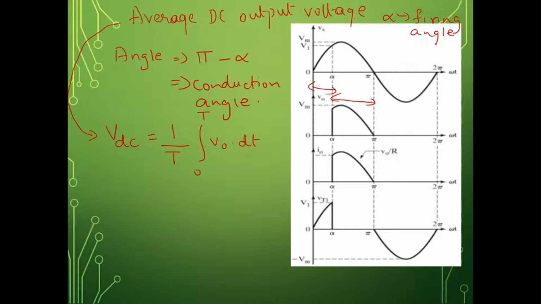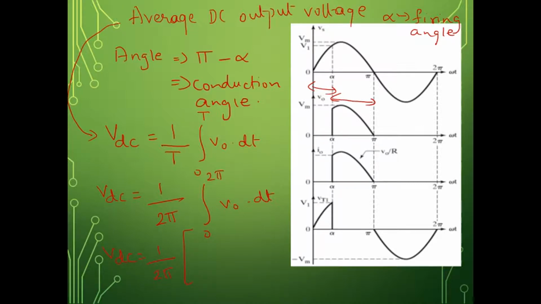So here one full cycle is nothing but 2 pi. So VDC, we'll write it as 1 by 2 pi integral 0 to 2 pi V0 dt. The output is different for the positive half cycle and negative half cycle, so we will split this. Just have a look at the waveform.